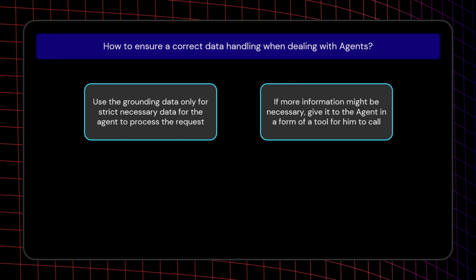Second, if some more information might be necessary that we do not know if it will be necessary or not, we can give the agent a tool to call if he needs to fetch more information. For example, if the client really asked about some previous sales of a certain product, we could bring a laptop, right? We could just open the system and check what were the previous sales.